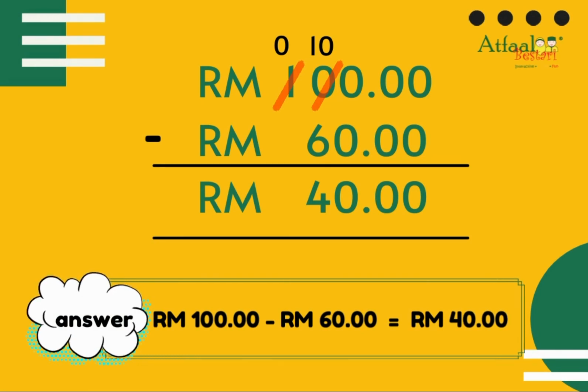Then on ringgit side, 0 minus 0 equal 0. Then 0 minus 6, you need to borrow from number 1. So 0 will become 10. And 1 minus 1 equal 0. Then 10 minus 6 equal 4. So the answer is 40 ringgit.